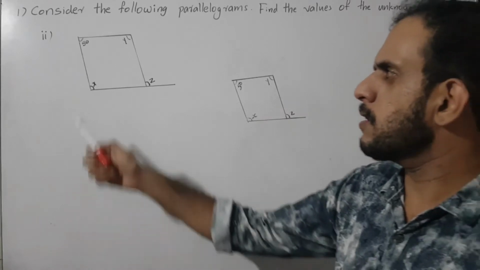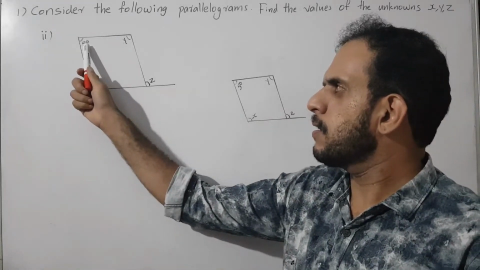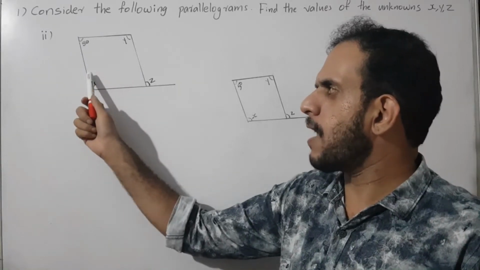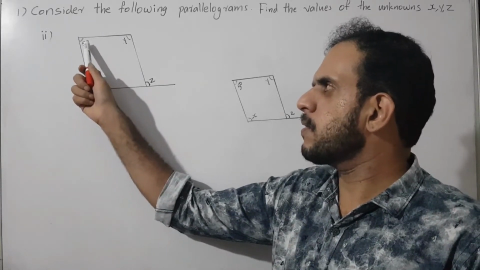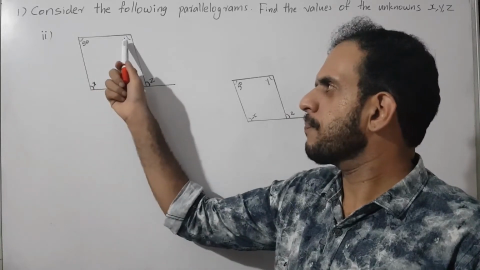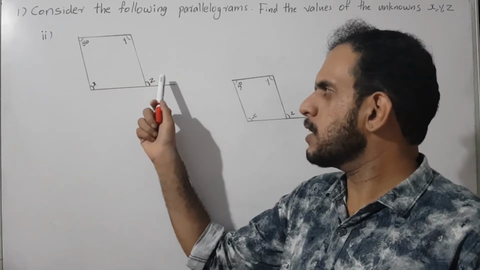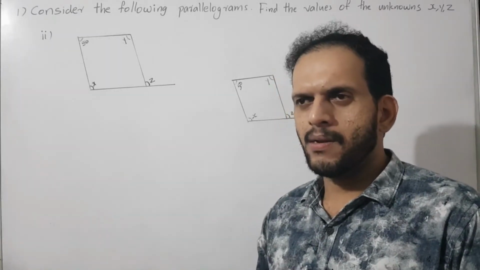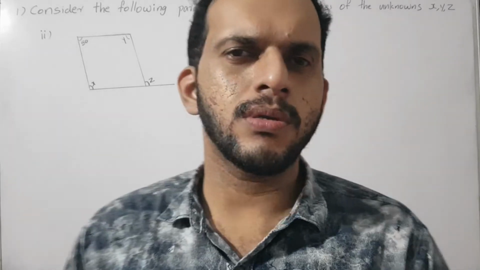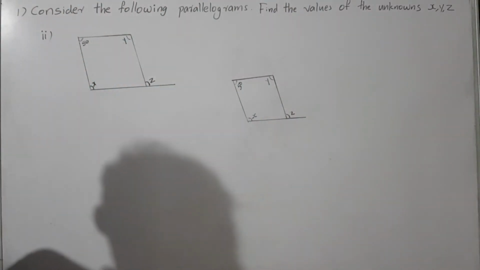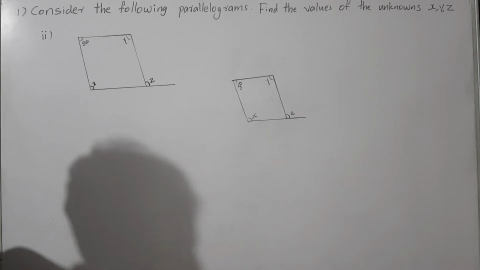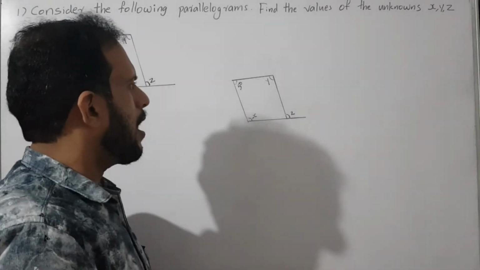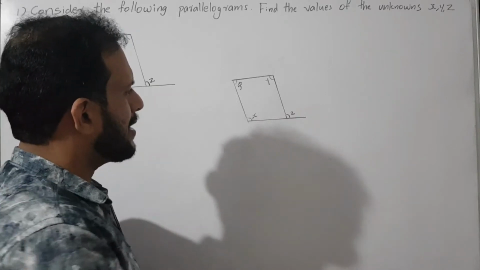Here the value 50 is given. First we want to think what is the relation between 50 and x, and what is the relation between 50, x and y, correct? And how is it possible to find the value of z? Here the values x, y, z are marked on the angles. So for finding the values of x, y and z, once again we redraw the figure and mark the interior angle.